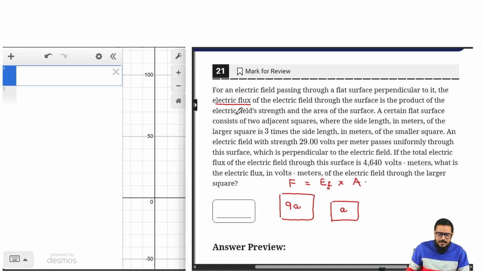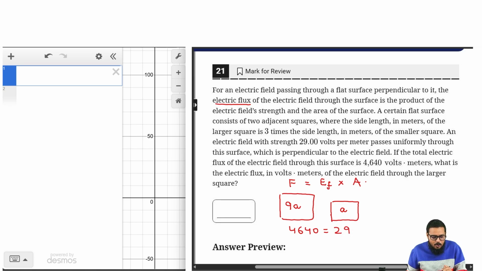Now, what is happening in this question? The question tells you an electric field with strength 29 volts per meter passes uniformly through this surface, which means I'm going to keep this number constant throughout my calculation, and the surface is perpendicular to the electric field. The total electric flux through this surface is 4640. So 4640 is my flux, and I've got a constant electric field of 29.